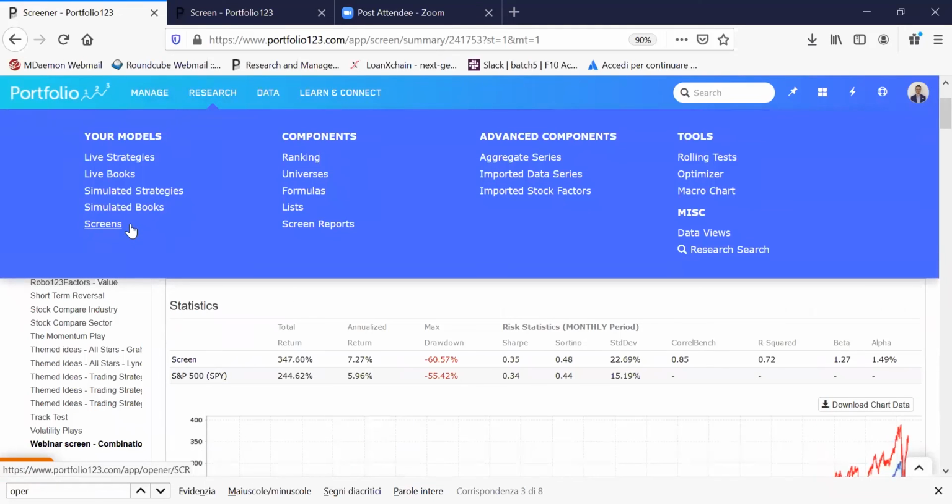In order to see how many trades were winning compared to how many were losing, you have to go to the simulated strategy. But yes, it's something that is calculated.